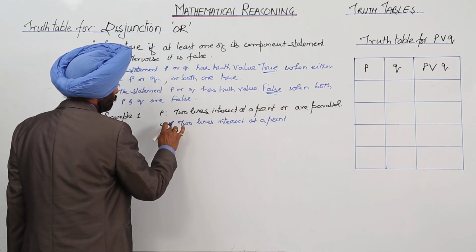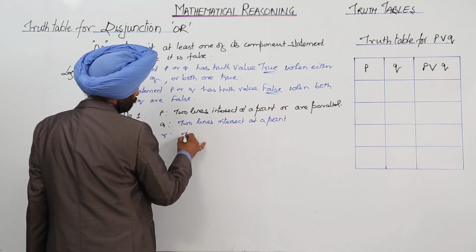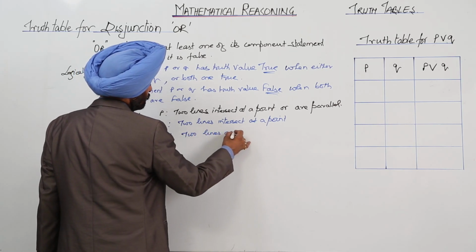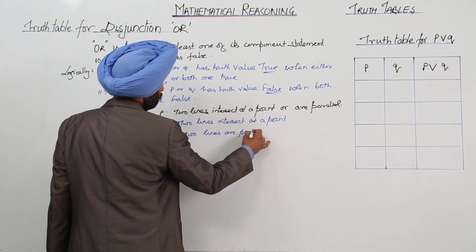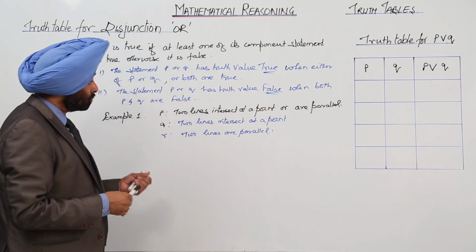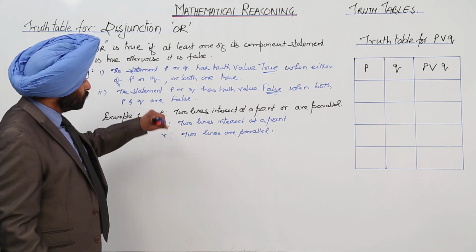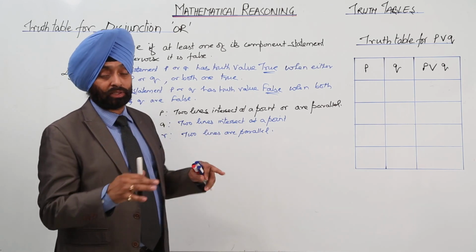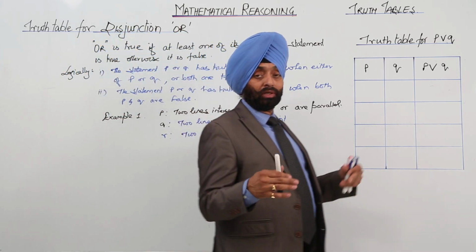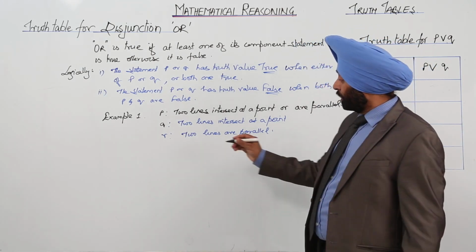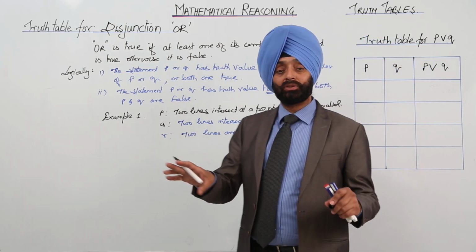R: two lines are parallel. Now what conclusion arises here? Two lines can intersect at a point, but the lines can also be parallel. So we can say when Q is correct, R is false.